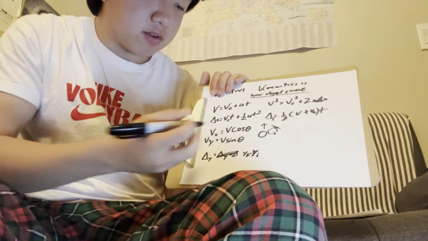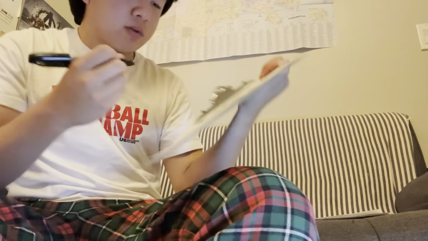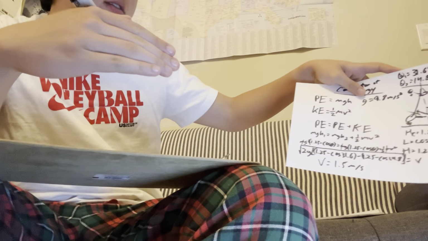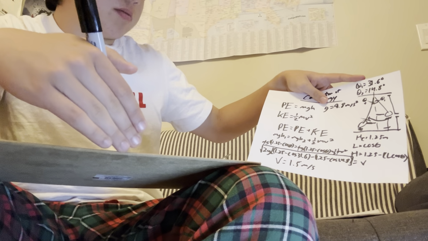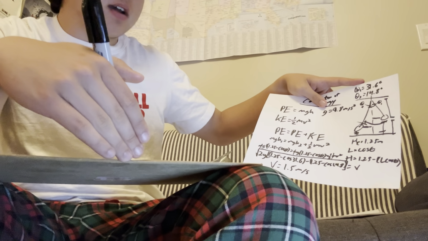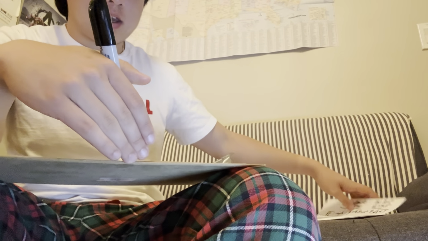So we can rewrite this equation. We know that our initial position was the height of the projectile as it is cut. And we learned from earlier that the height of the projectile is 1.25 minus cosine theta, and our theta in this case will be that 14.8 degrees that the string is cut from.